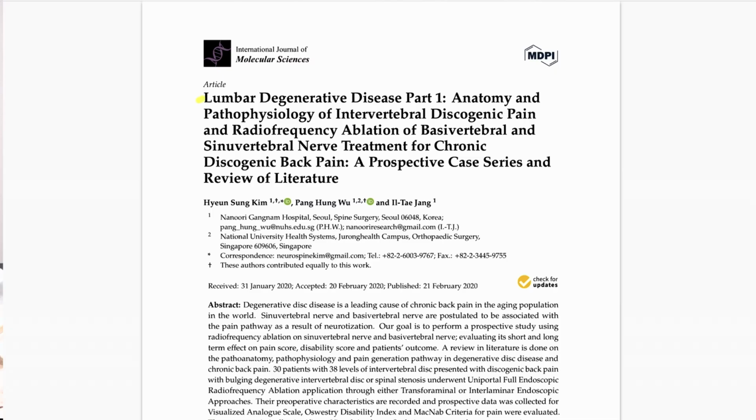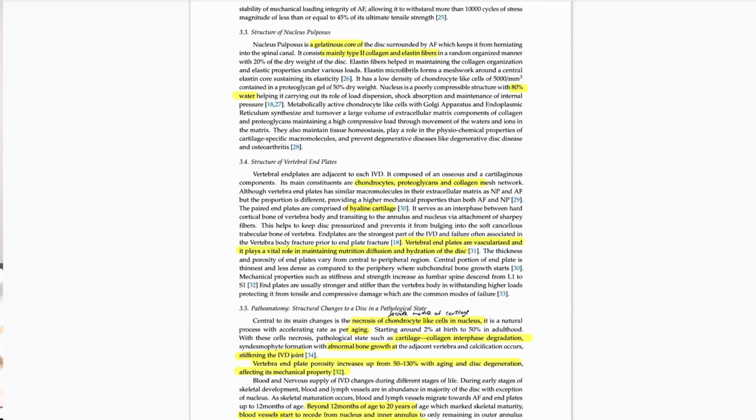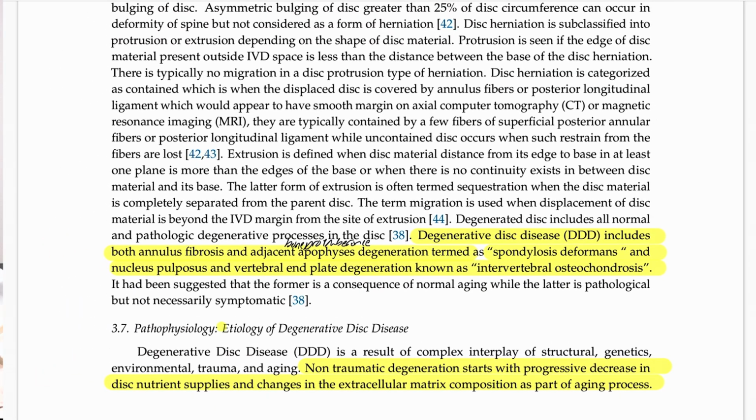Okay? So according to this journal on lumbar degenerative disease, let's look at the etiology of degeneration.